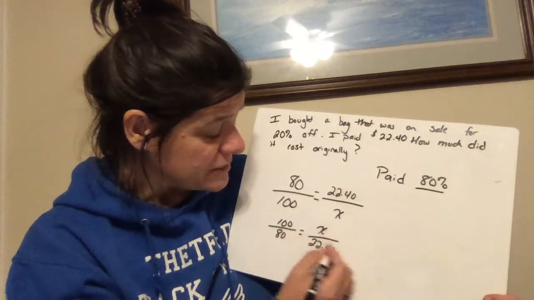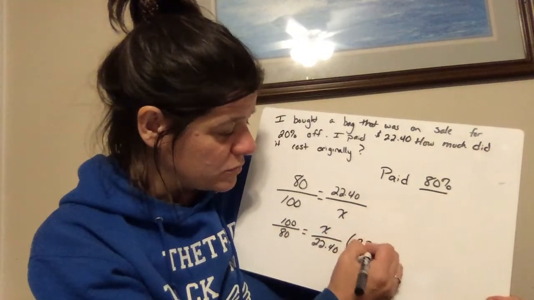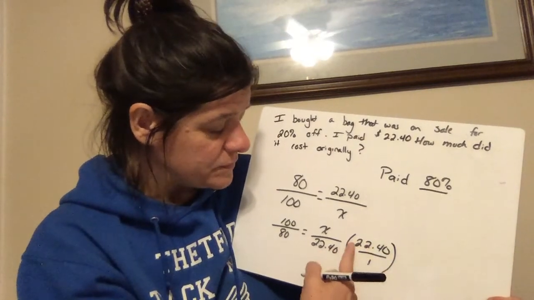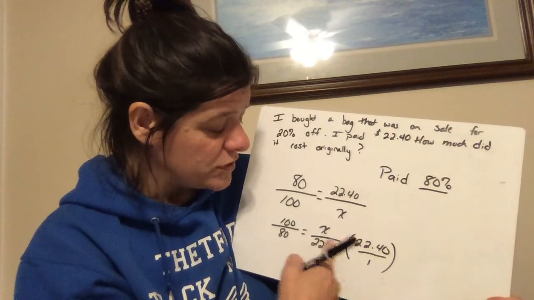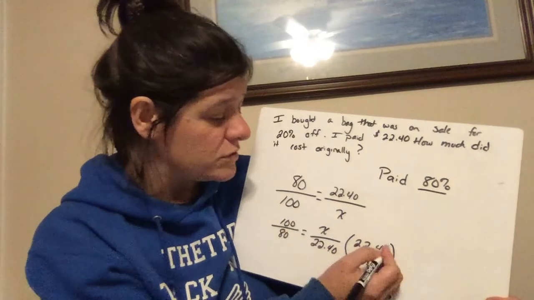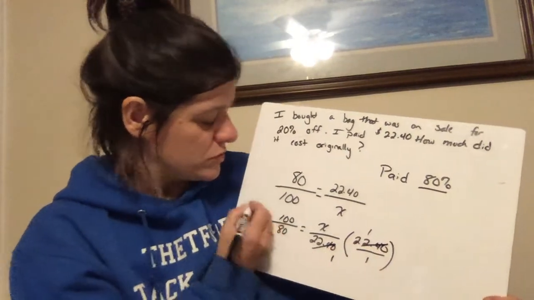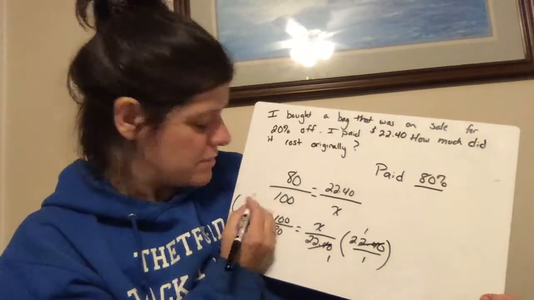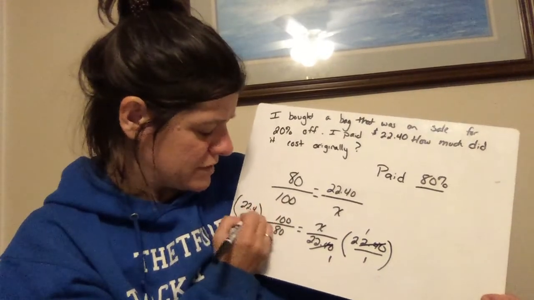And then to get X by itself, I'm going to multiply by 22.40. 22.40 divided by 22.40 would be 1, so these make 1, which works out nicely because then I have X by itself. Whatever I do to the right side of my equation, I'm going to do to the left side of my equation.